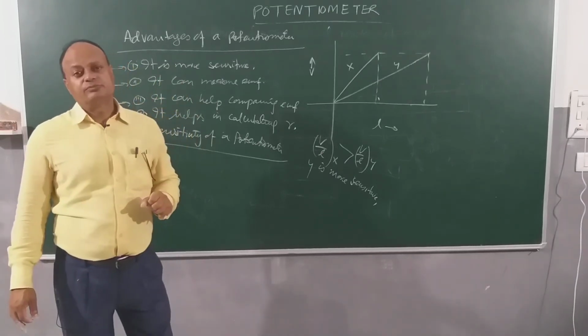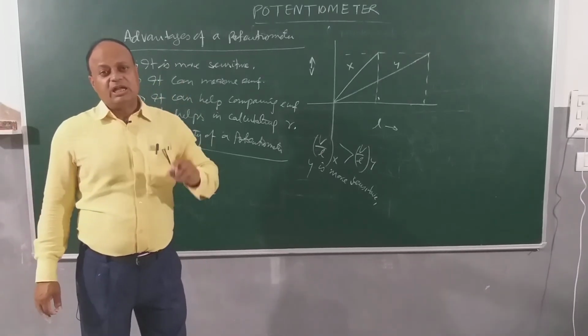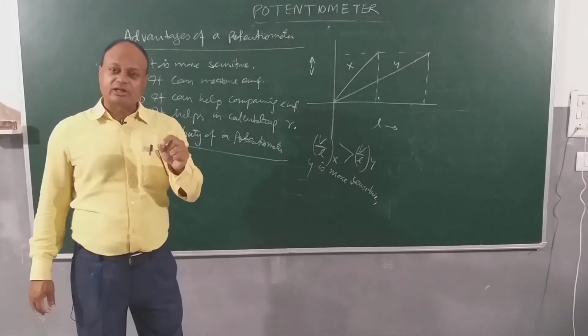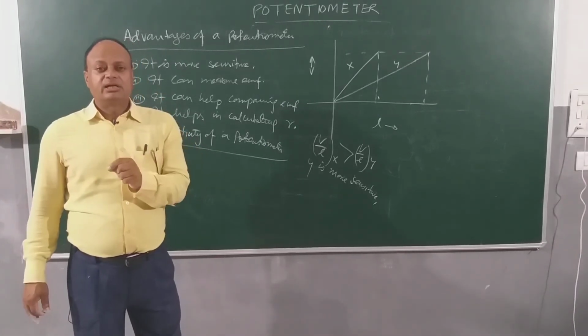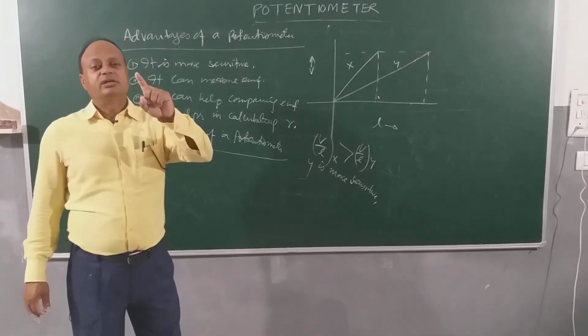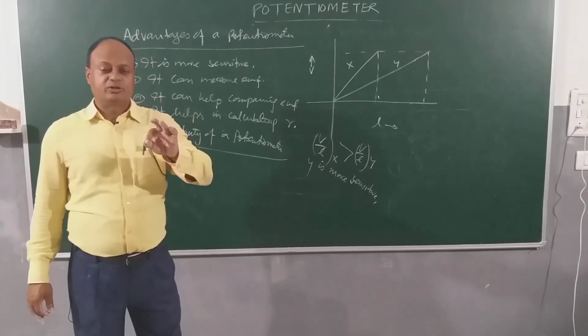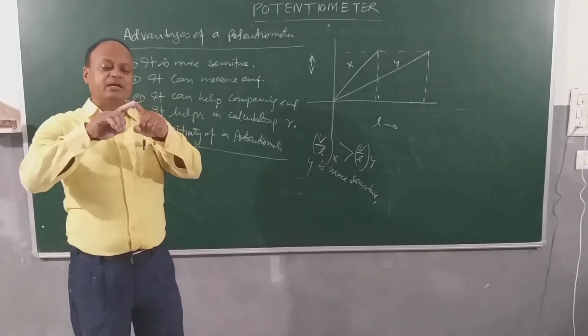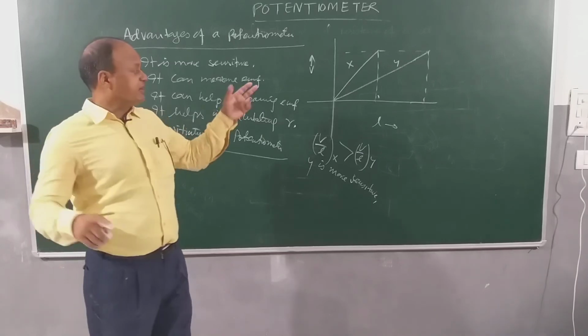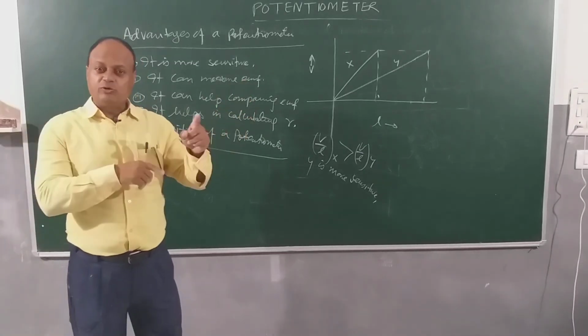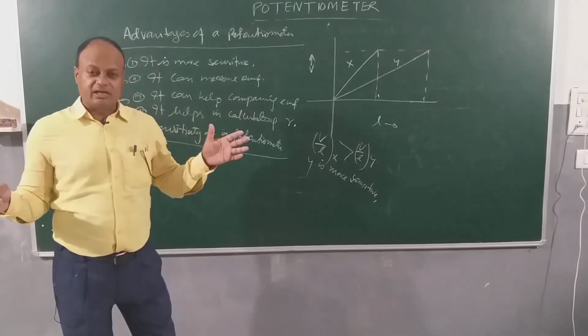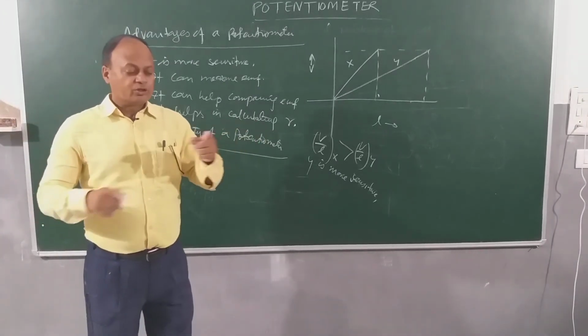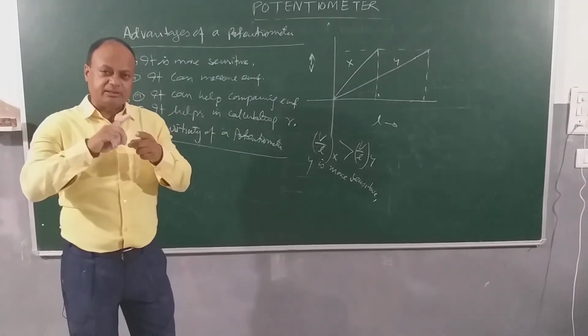Number two, if the driving battery is variable, then we should keep the current as low as possible. This is why a potentiometer has 8 to 10 meters long wires, right?